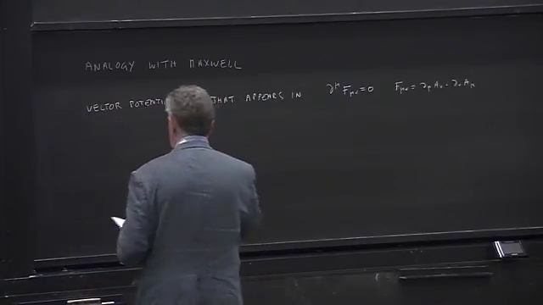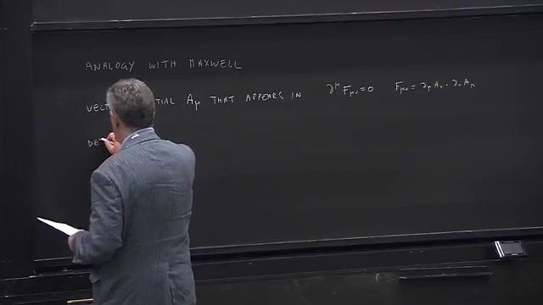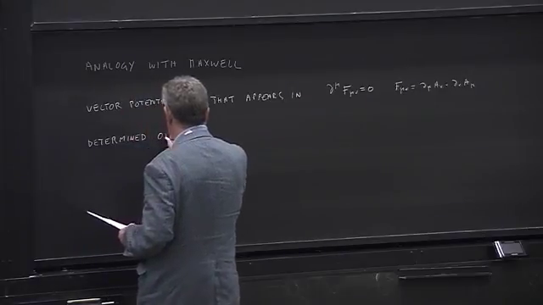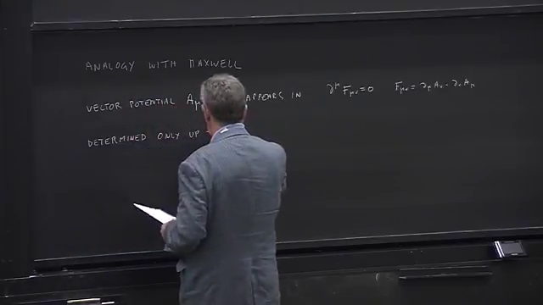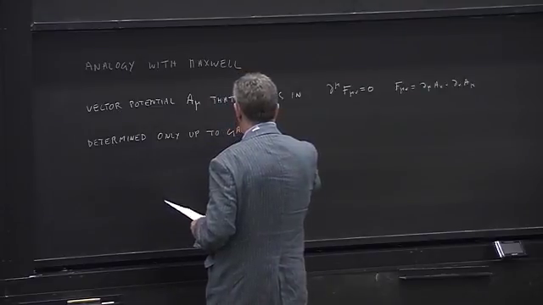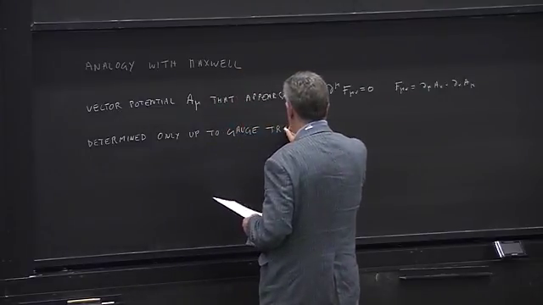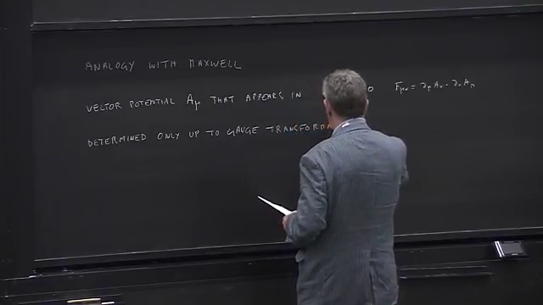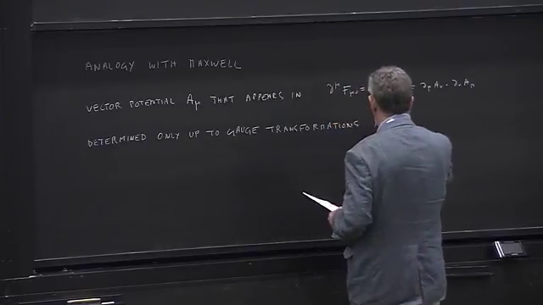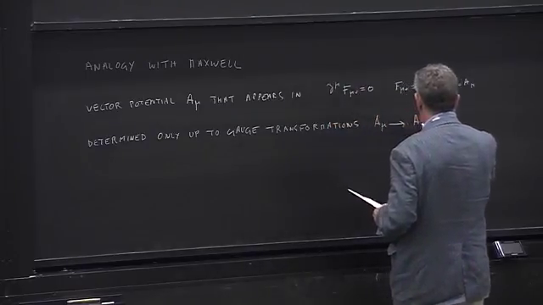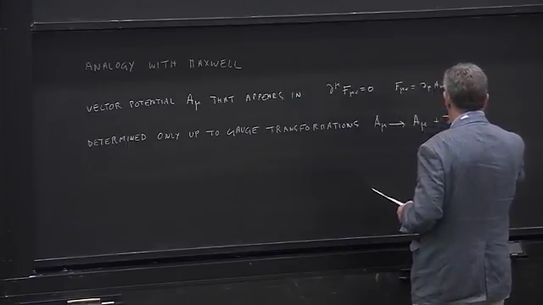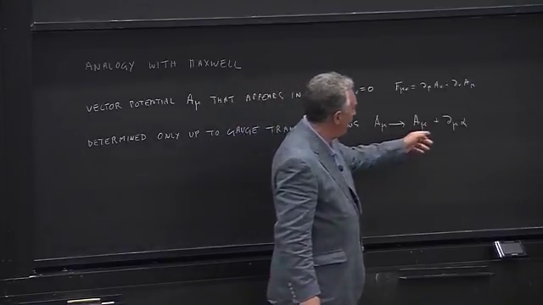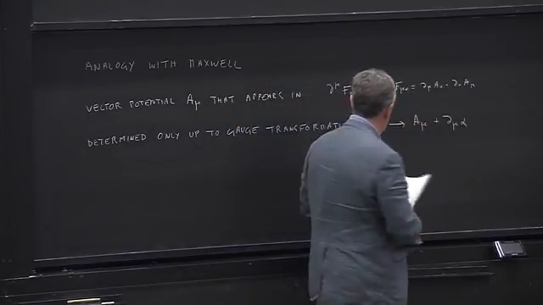It's only determined up to gauge transformations. A mu goes to A mu plus the derivative of some scalar alpha. We change A mu by d mu alpha, F mu nu remains invariant.